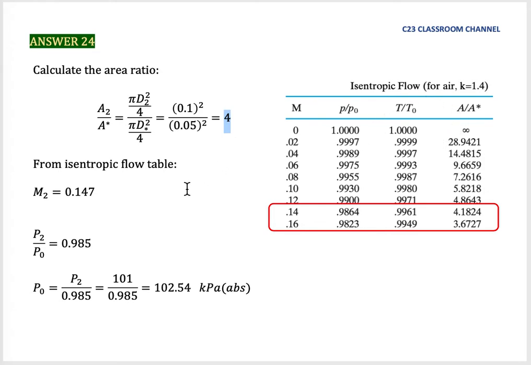So we found that for ratio 4, we see at column for A over A star here, and A here is referred to the exit in this question. So we refer to the exit and throat A over A star here. So we found that the ratio of 4 is between 3.6 and 4.1. So that means we must calculate it by using the interpolation method.